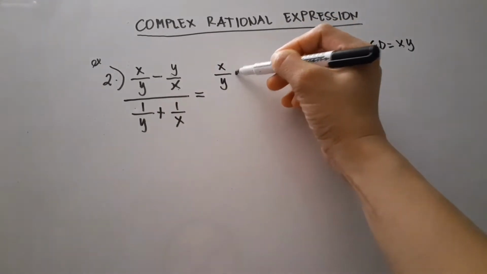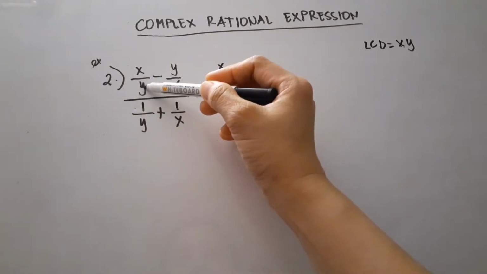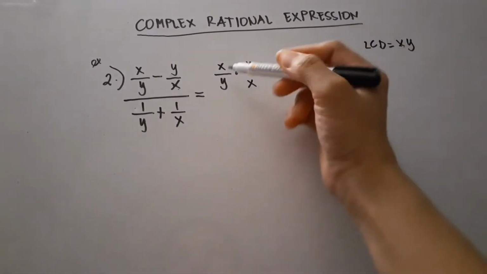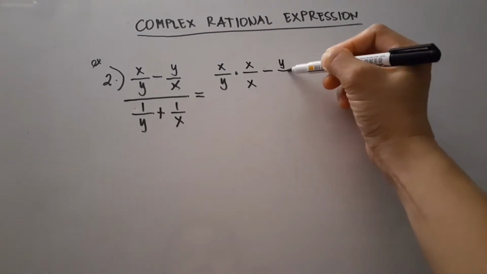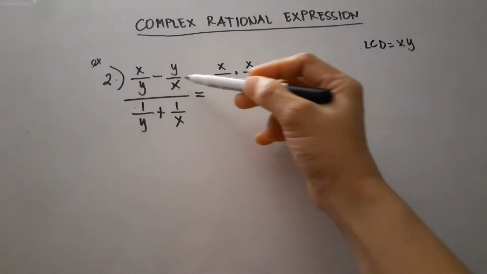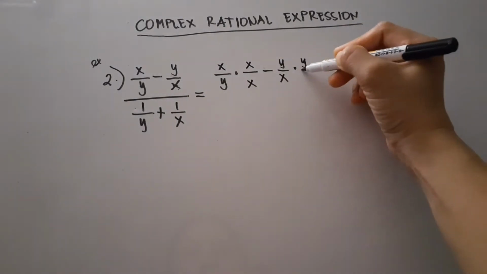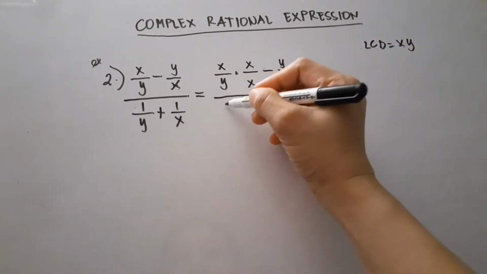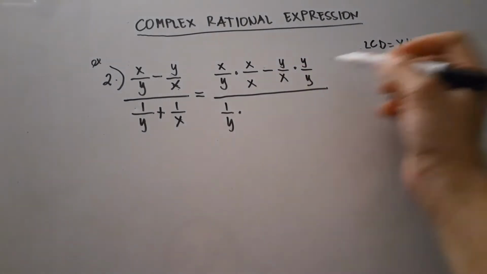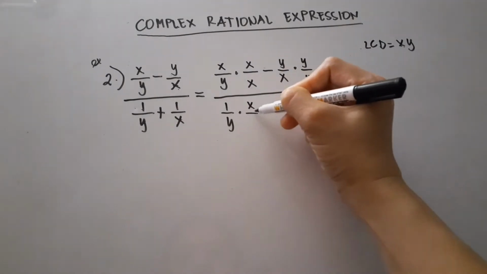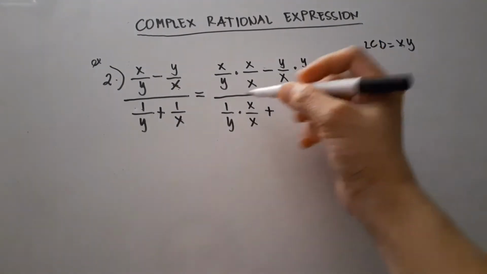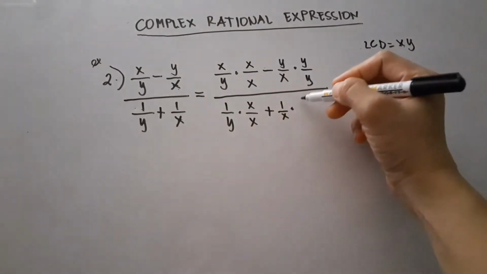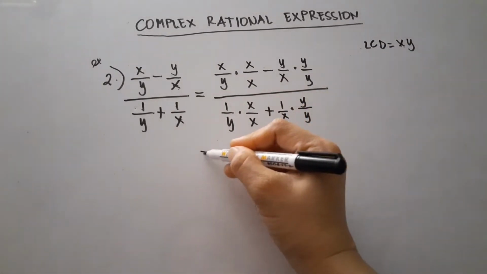So xy divided by y becomes x, so we multiply each numerator and denominator by x, and then minus y/x: xy divided by x becomes y, so we multiply each numerator and denominator by y.